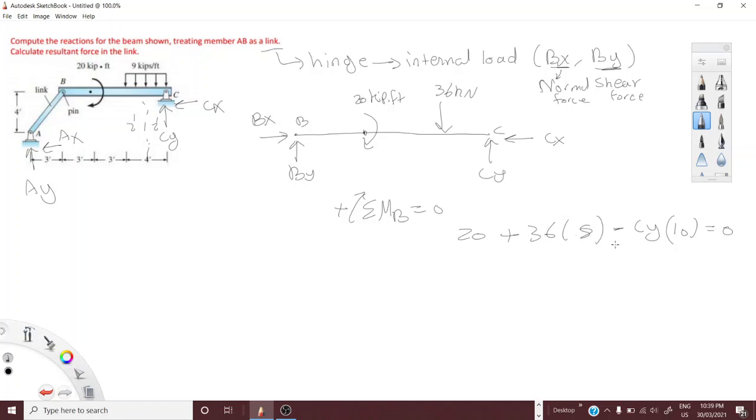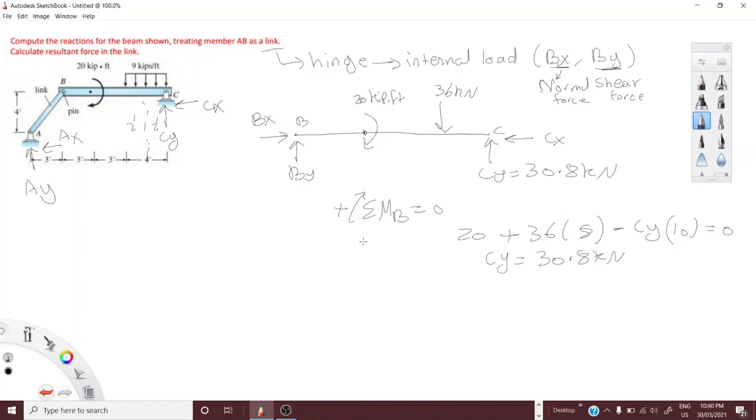Solving for Cy, Cy will be equal to 30.8 kilonewton.